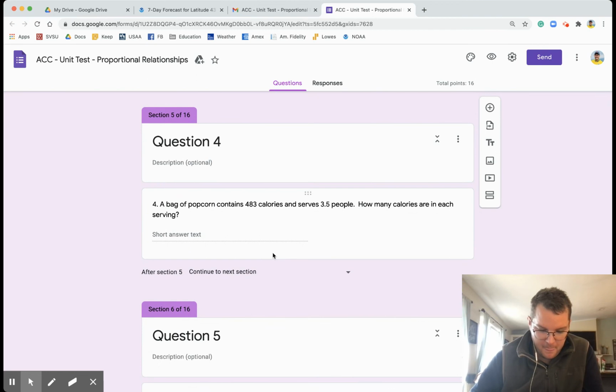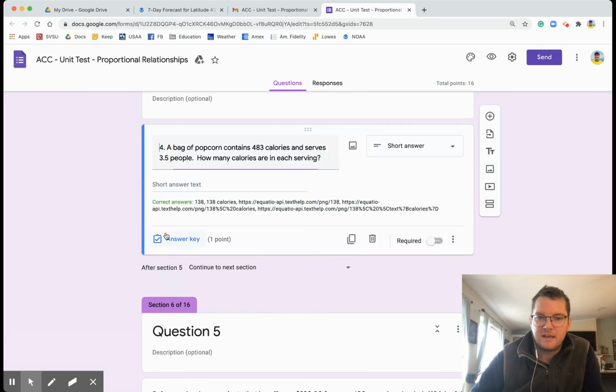Question 4. A bag of popcorn contains 483 calories and serves 3.5 people. How many calories are in each serving? So guys, for this, writing on paper, calories is your y value and 3.5 people is your x value. So if we're keeping that equation, y over x, you would write out an equation that says 483.